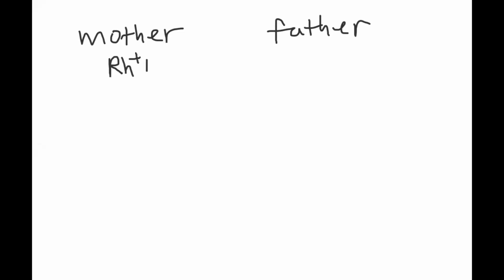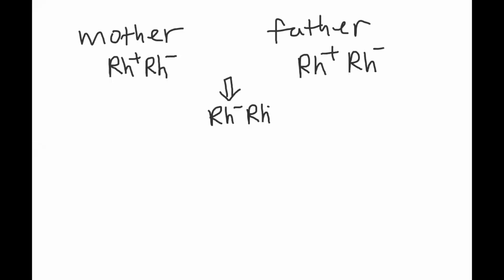Okay, the mother, the father. If the mother is Rh positive, but remember the positive is dominant, negative is recessive. So genotype for the mother is like that. For father, it's like that as well. Is it possible to have a child with Rh negative blood?